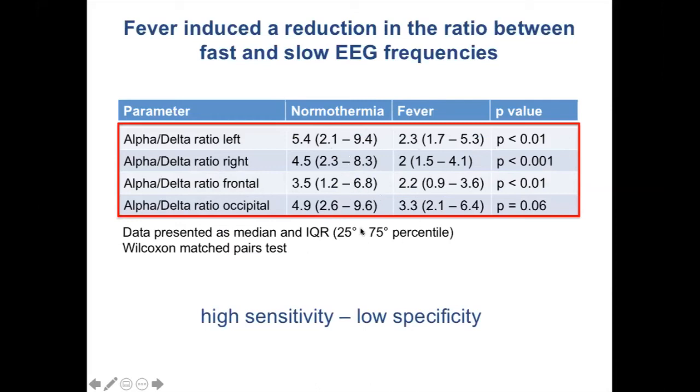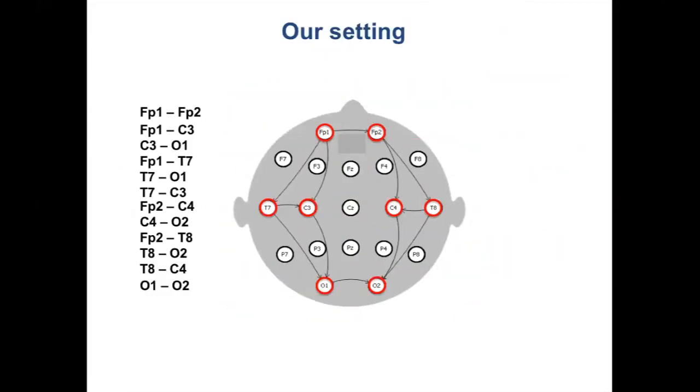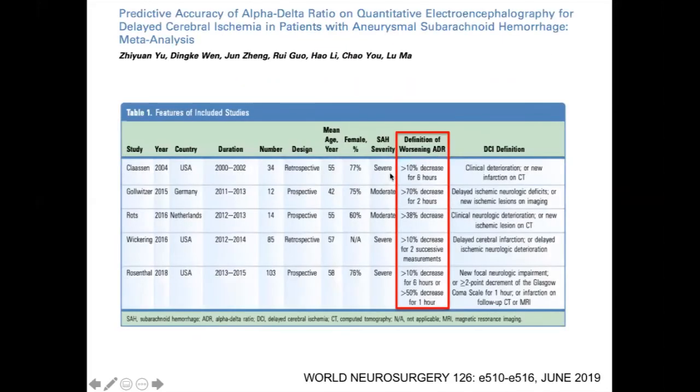Not posteriorly, it's almost significant, but for sure for the other parts of the brain, we have seen that there is this striking reduction in AD. So going back to this paper, okay, they have seen a reduction in AD ratio. Was that always ischemia? Was a reduction in CBF? Was fever?